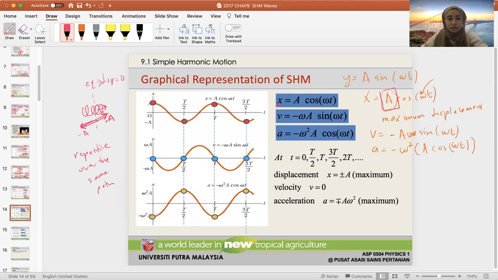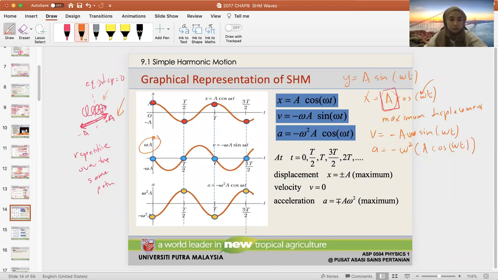Now, when we differentiate X to dapatkan V, our amplitude changes. I'm not talking about the amplitude over here. I'm talking about the amplitude of the graph. Kita nak plot equation ni dalam graph. So ini amplitude dalam real world, amplitude dalam graph is dependent on the equation.